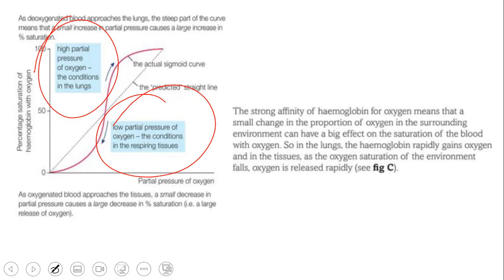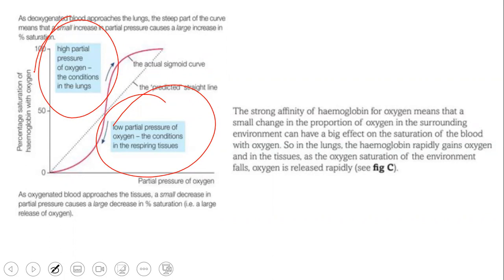Let's first start with the respiring tissue. We'll talk about the lungs afterwards. In the respiring tissue, a small decrease in partial pressure causes a large decrease in percentage saturation.